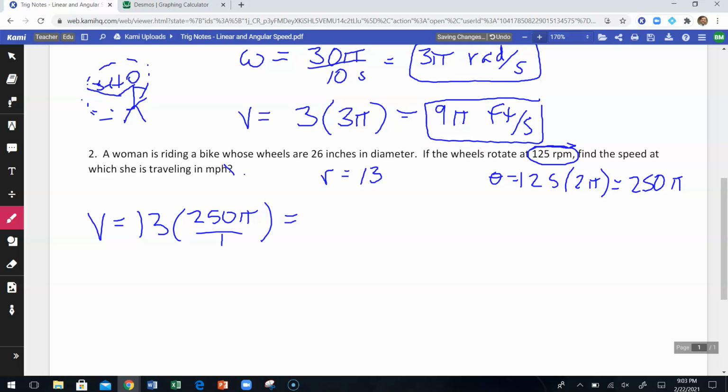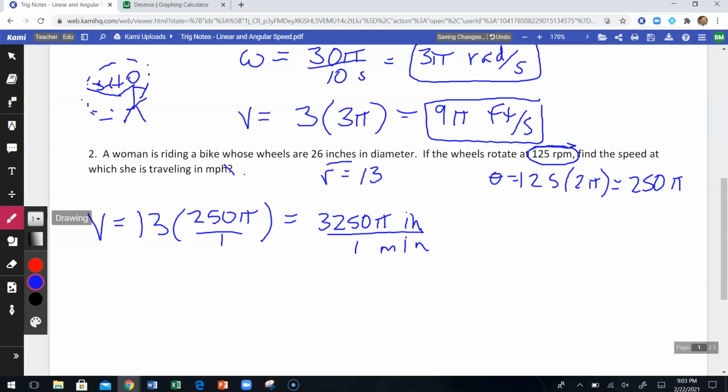Now that gives us an answer of 3,250 pi. And then what would that distance be? Well, it's in inches because the radius is in inches. So that's in inches per 1 minute, right?